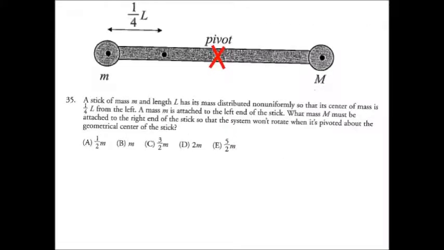A stick of mass m and length L has its mass distributed non-uniformly so that its center of mass is 1/4 L from the left. I wonder if people just gave up at this point on mass. A mass M is attached to the left side of the stick. What mass, big M, must be attached to the right end of the stick so that the system will not rotate if it is pivoted about its geometrical center? Goodness.